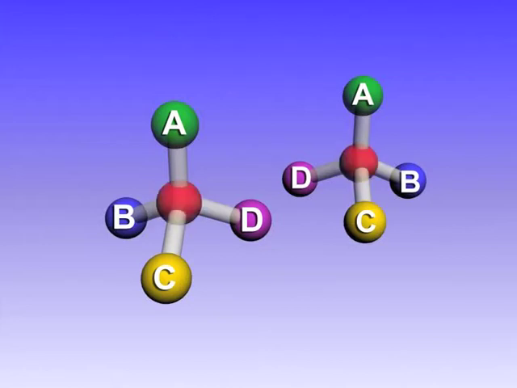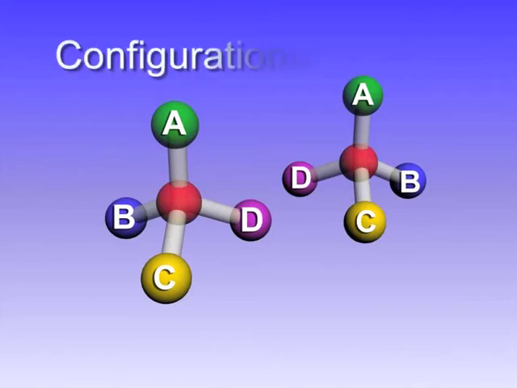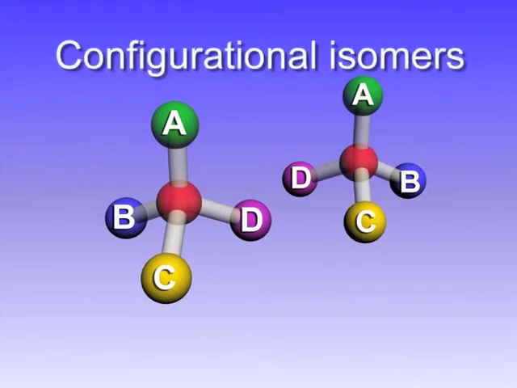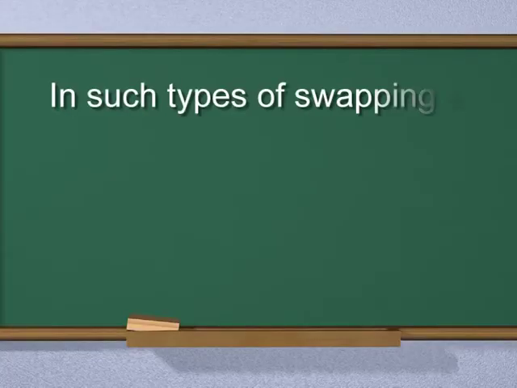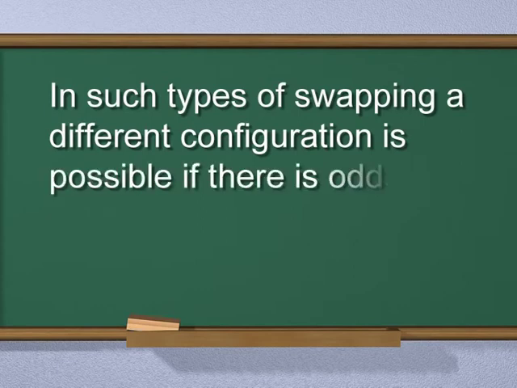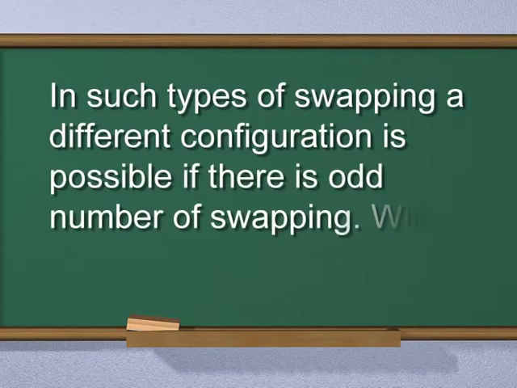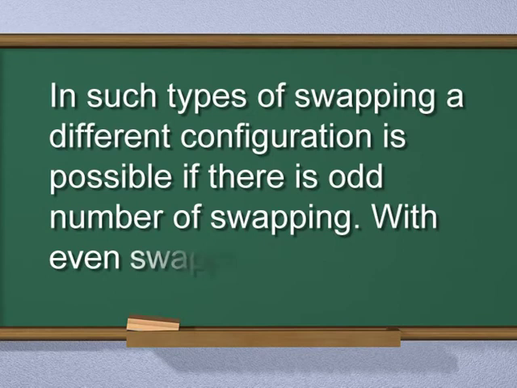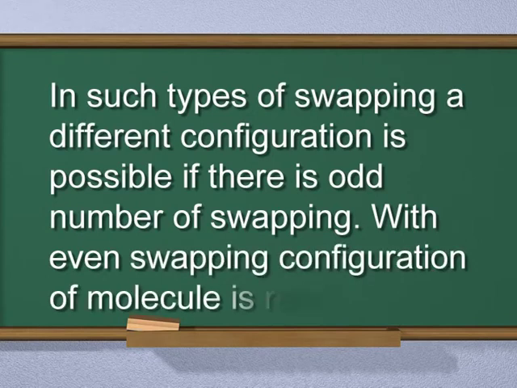With such swapping of atoms or groups about a chiral center, molecules acquire a new configuration, and the two forms obtained are configurational isomers. Please note that in such types of swapping, a different configuration is possible if there is an odd number of swappings. With even swapping, the configuration of the molecule is retained.